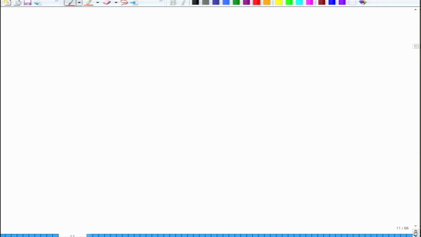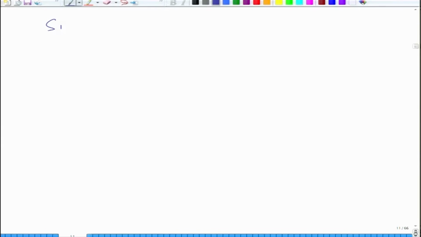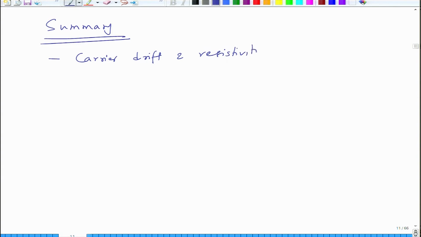Now let us move to the next topic, called carrier diffusion. We will do the carrier diffusion in the next class. Let me just summarize what we have done in this class. In this class, essentially, we have looked at carrier drift and resistivity, which is inversely proportional to the conductivity.